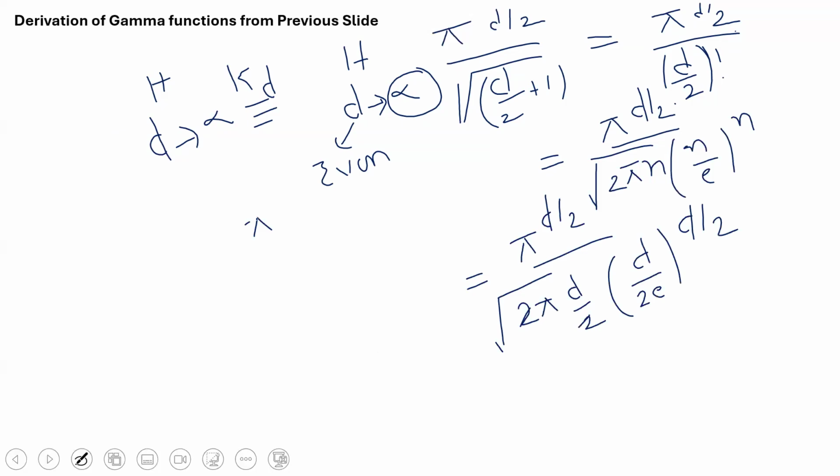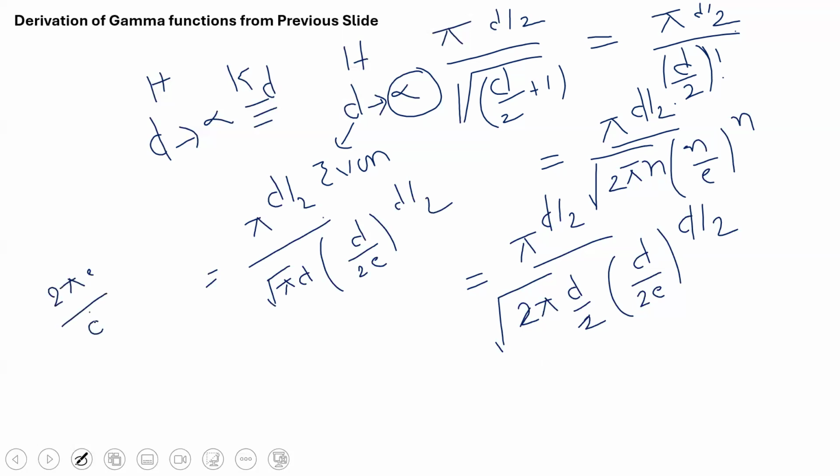That becomes pi to the power of d by 2 by root of pi d into d by 2e whole to the power of d by 2. As these powers are equal, I can rewrite this as 2 pi e by d whole to the power of d by 2 into 1 by the root of pi d.